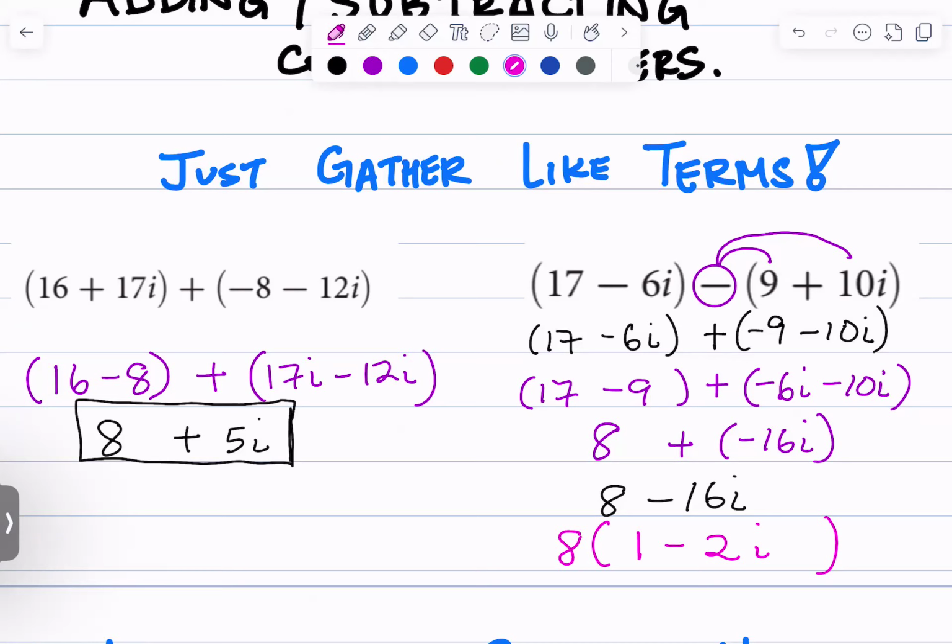So 8 divided by 8 is 1. 16i divided by 8 is the negative 2i. Okay? We need to get comfortable with taking out our common factor. All right?